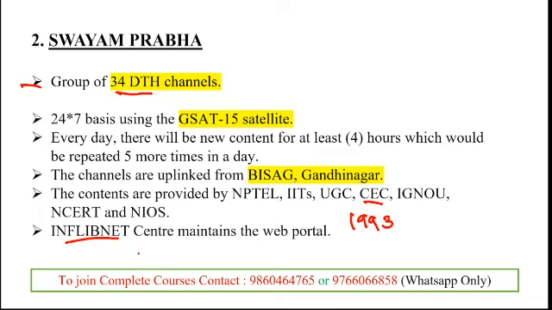This is the inter-university centre of the UGC, and the organization promotes and facilitates libraries and communication resources for Indian higher education, and the premises are in Gandhinagar, Gujarat. So the Swayam Prabha channels, 34 channels, are uplinked from Bisag, Gandhinagar, and the web portal is maintained by the INFLIBNET Centre. And the Swayam Prabha was launched in 2016.